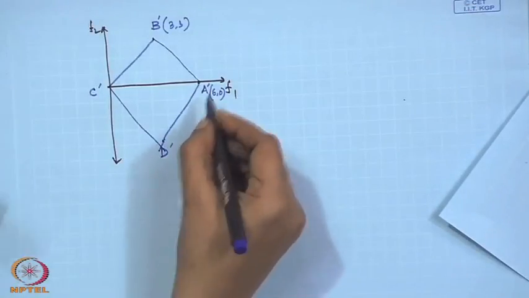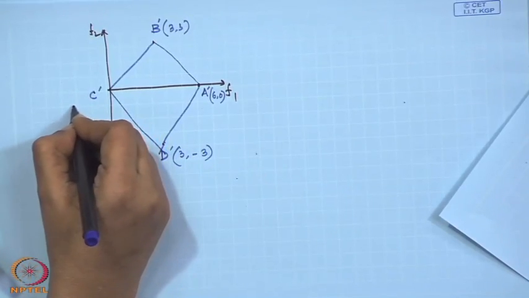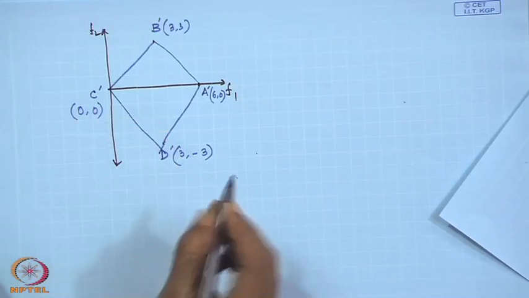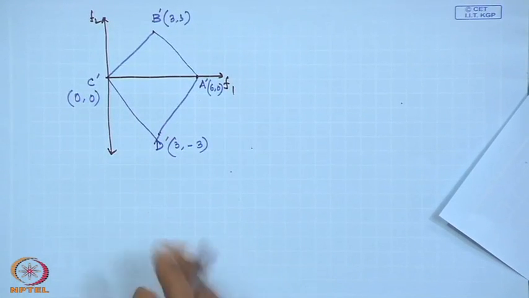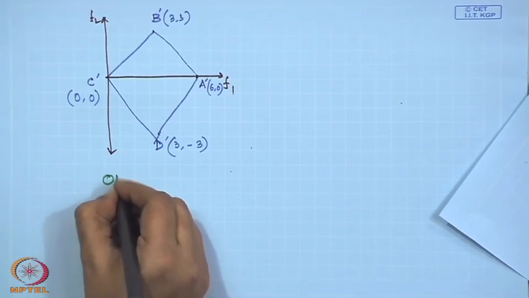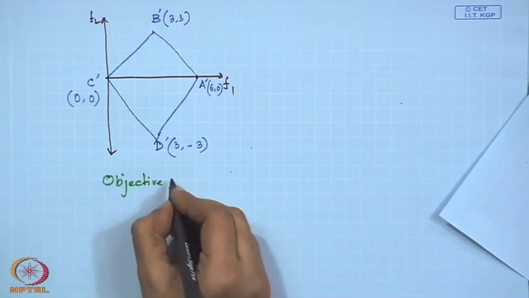And we will see the values would be here 3, minus 3, and at point C it would be 0, 0. This is the criterion space where we consider the objective function values on the axes.